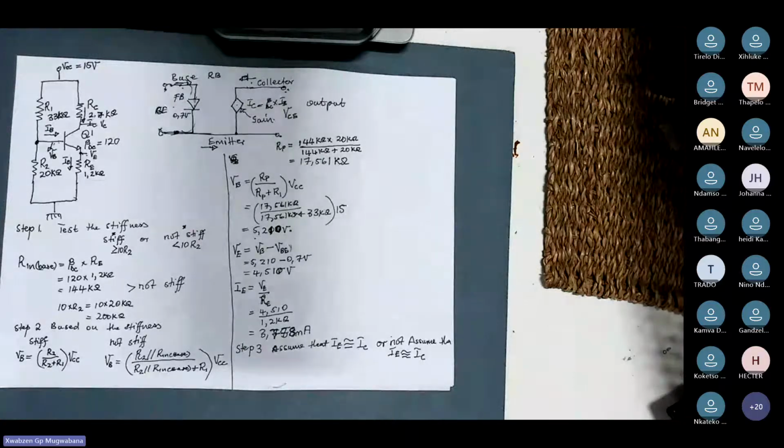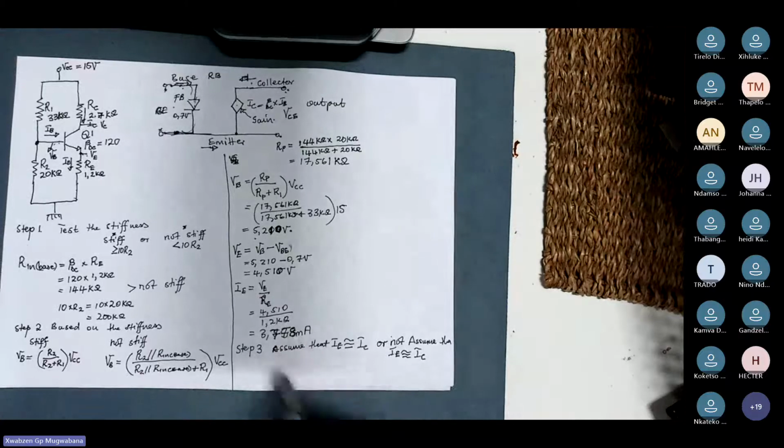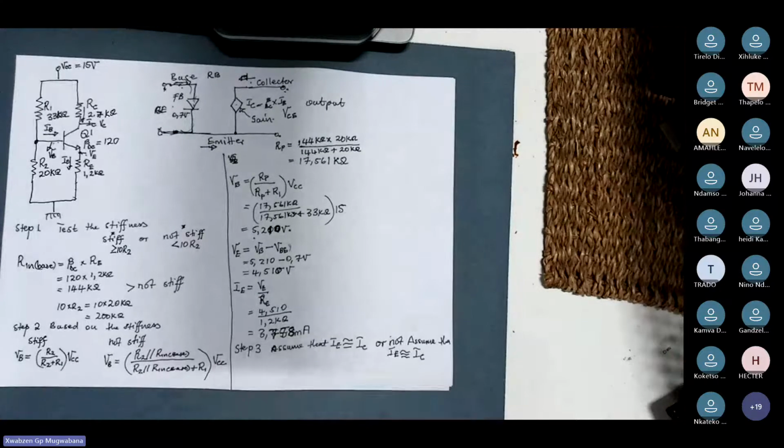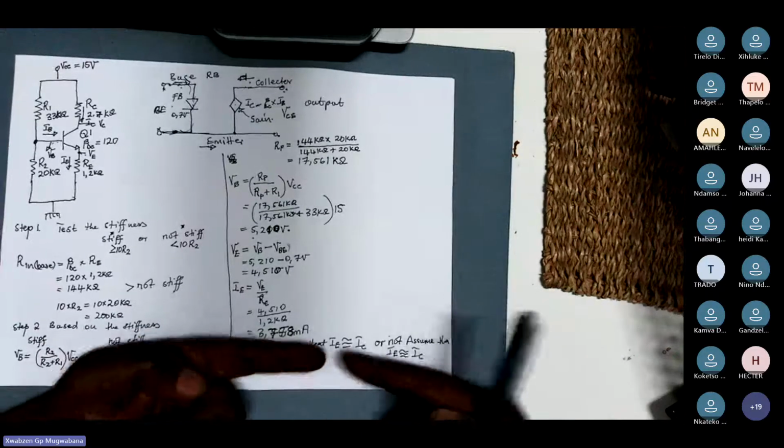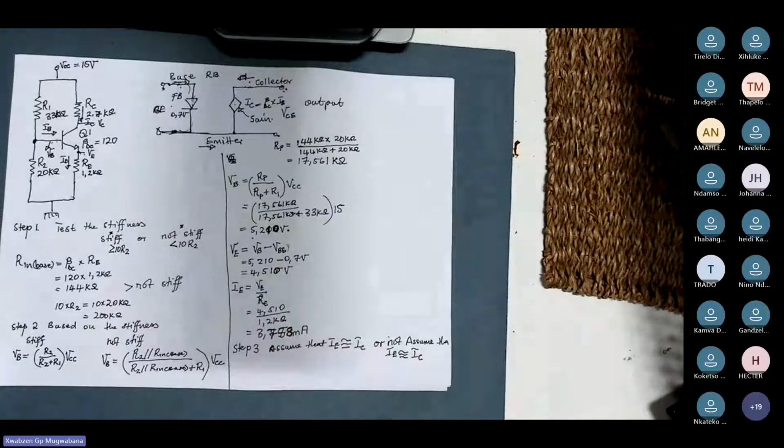These are the two conditions. Condition 1, must I assume that IE is equivalent to IC? Or must I not assume it? It is either given that you must assume that IE is equivalent to IC, or you must not assume that IE is equivalent to IC.